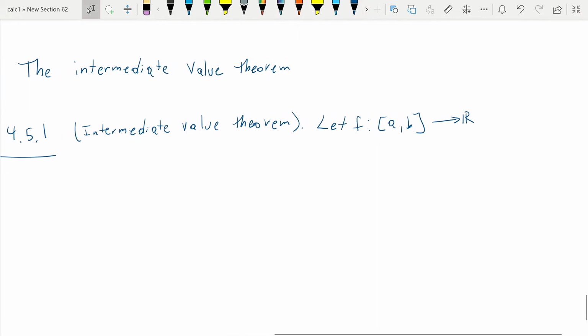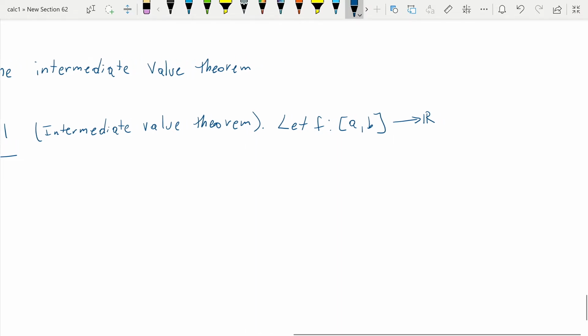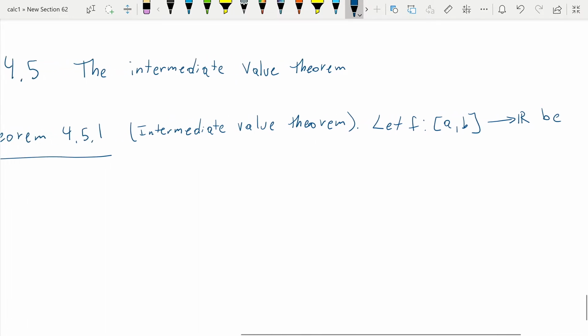So you start with a real valued function f defined from a closed interval. So this function goes from this closed interval [a,b] to R, including the endpoints, of course. It's a closed interval, and you assume that it's a continuous function.